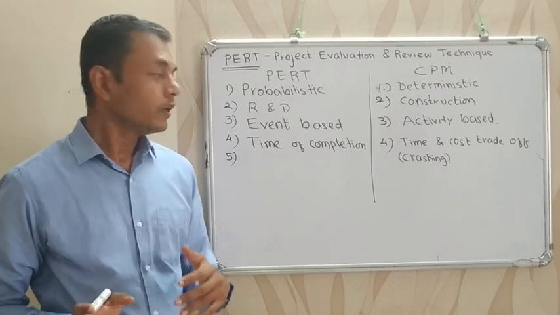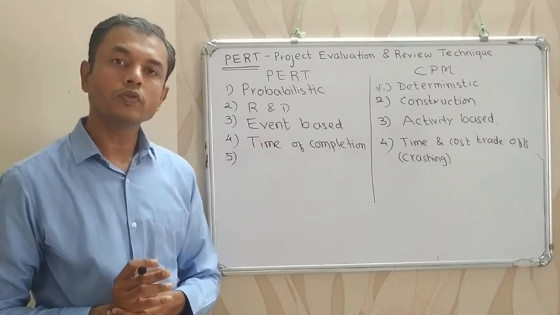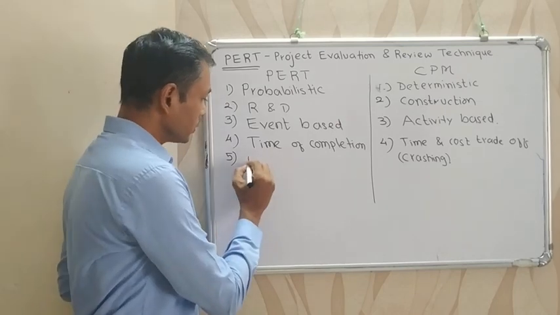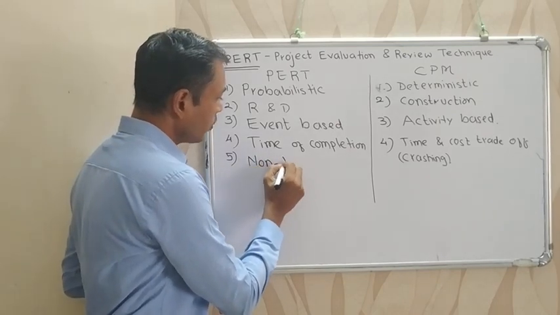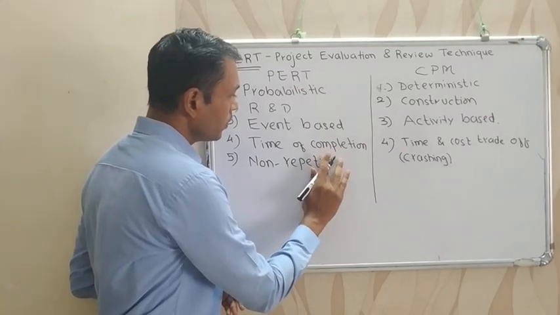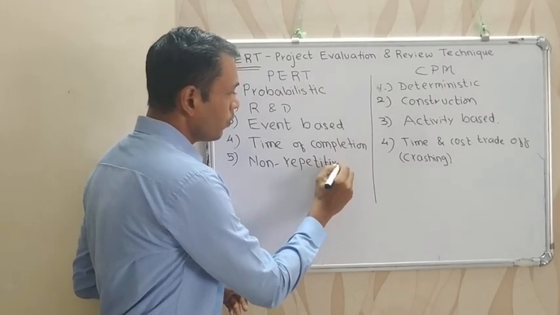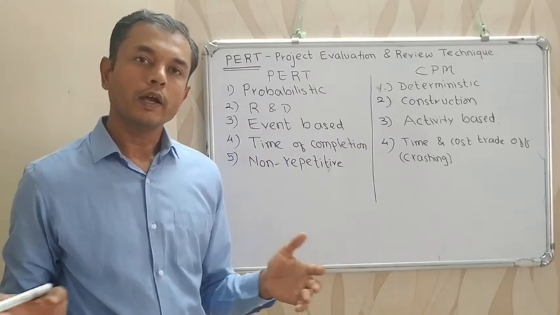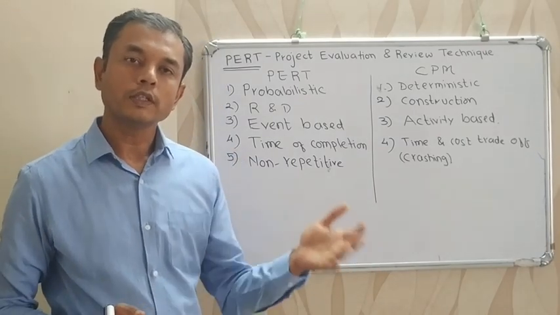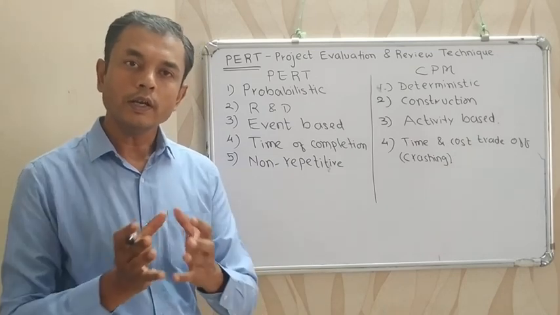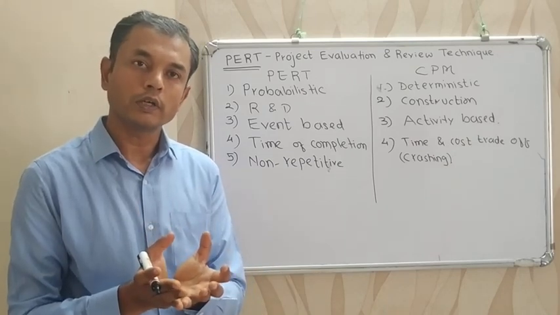We normally use project evaluation and review technique in non-repetitive projects, because most R&D projects are non-repetitive. Say, if I want to develop a vaccine for COVID-19 coronavirus, it's one kind of research project.